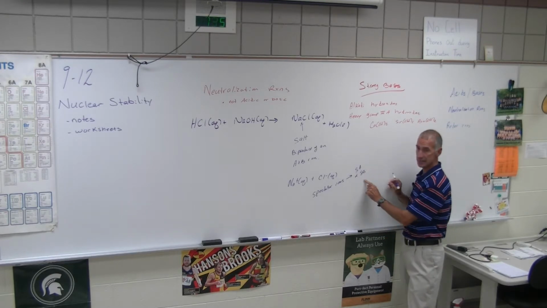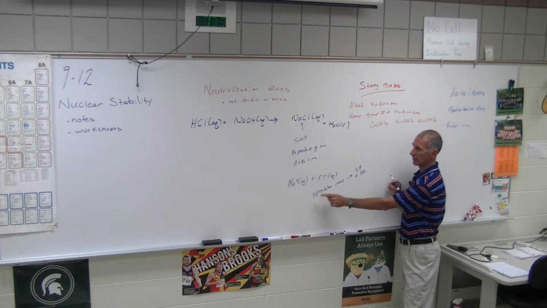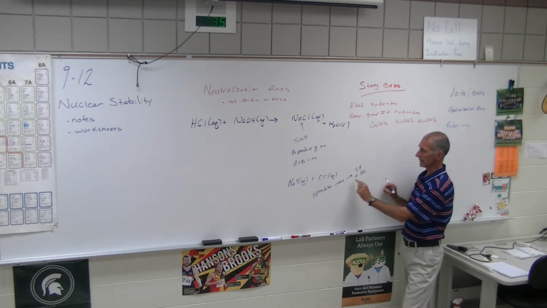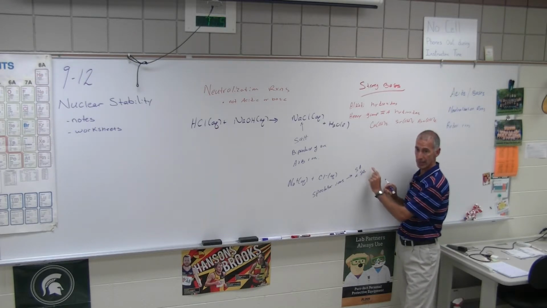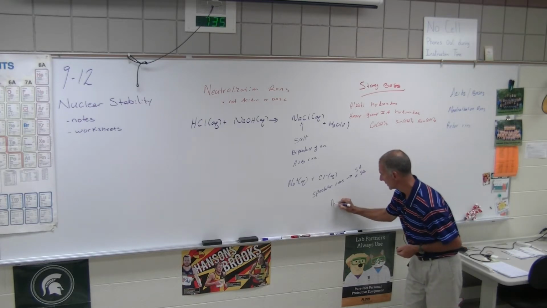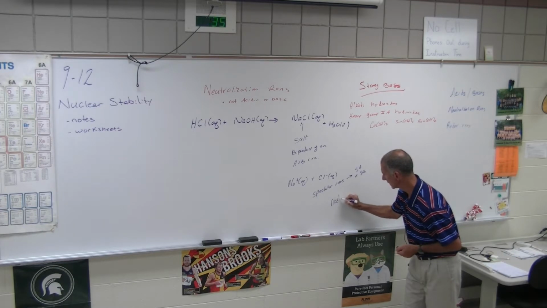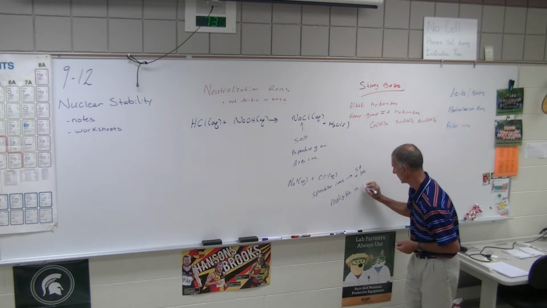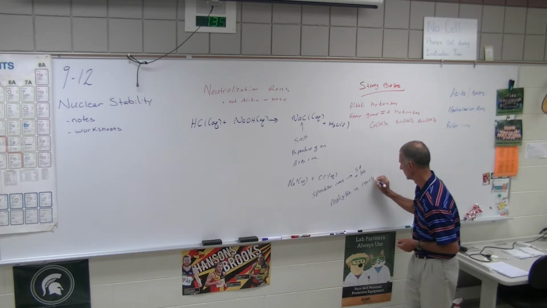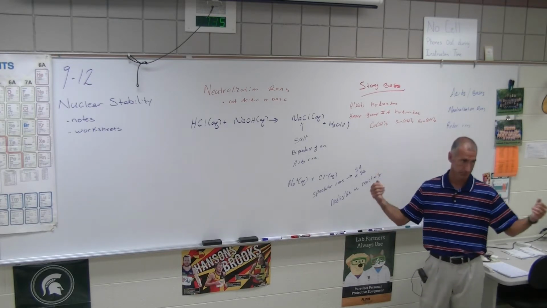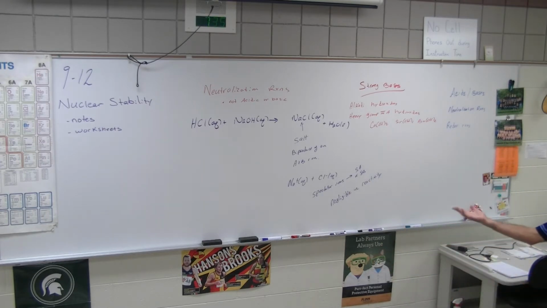So any of the ions that come from a strong acid or strong base are always going to be a spectator ion, which means it's going to be negligible in reactivity. In other words, they're not going to react with anything. They're just floating around, not doing anything.